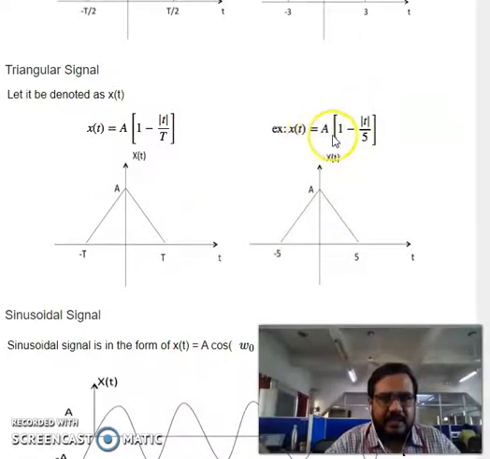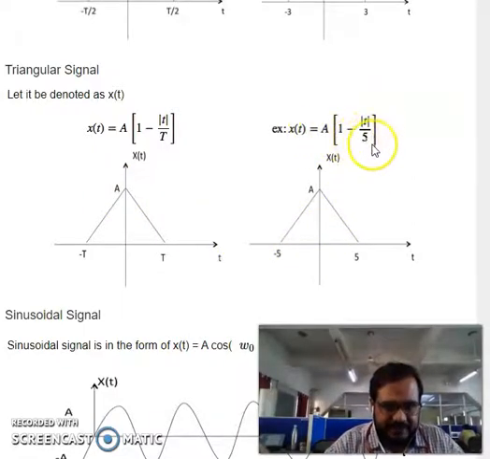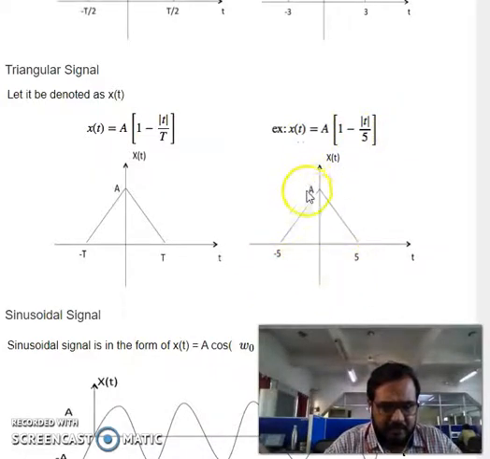Now if it is a times 1 minus mod t by 5, then it is from minus 5 to 5, and the highest value is a.